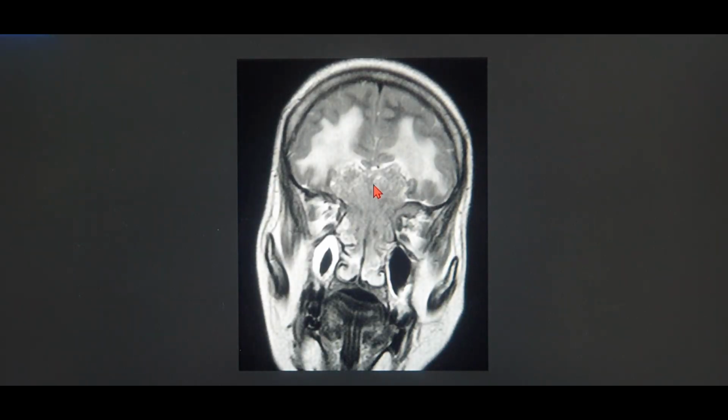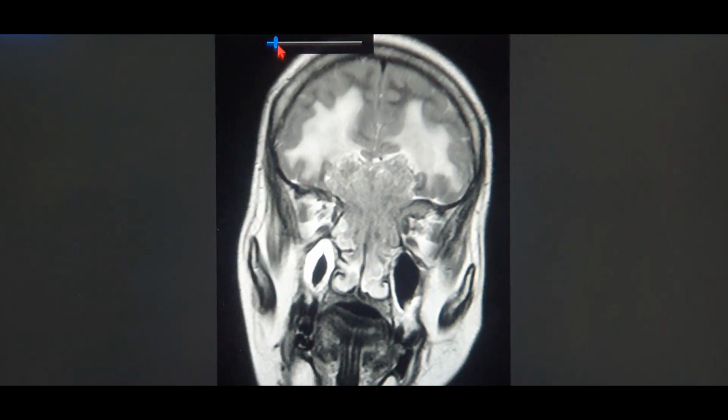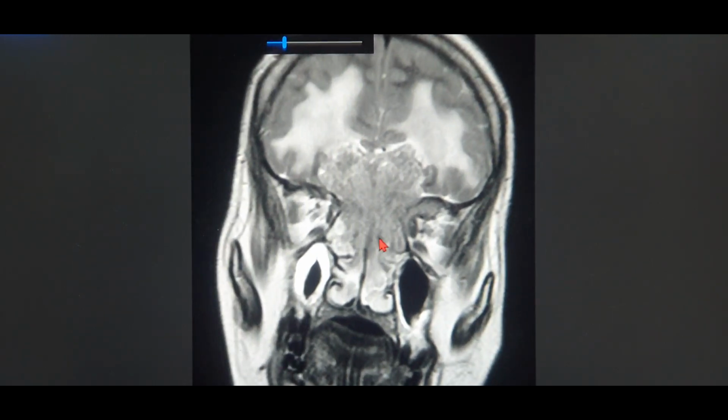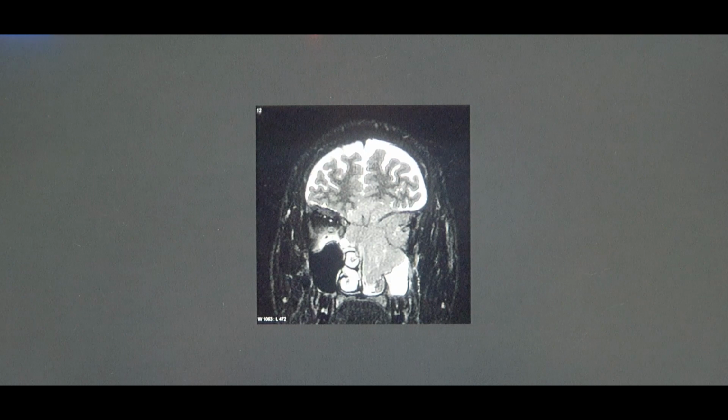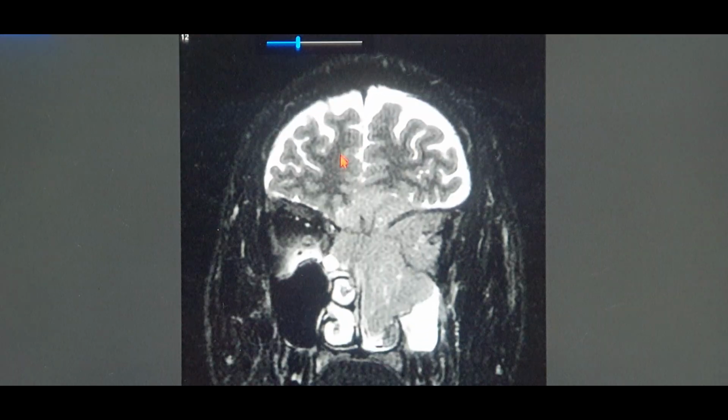This is the T2 section, because we can see this is a T2 section. Not much clear though, so I'll show you one more photograph. Yeah, this is a T2 section, because the white matter is dark over here, and in the tumor you can see the invasion. The breach can be seen very easily.